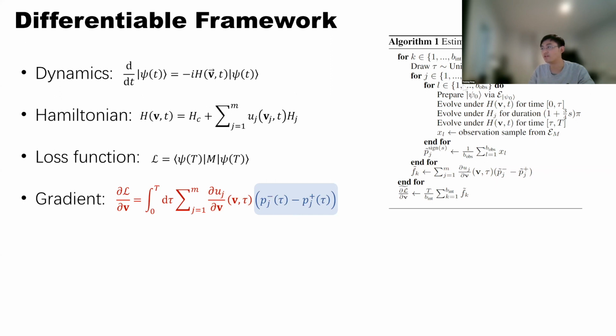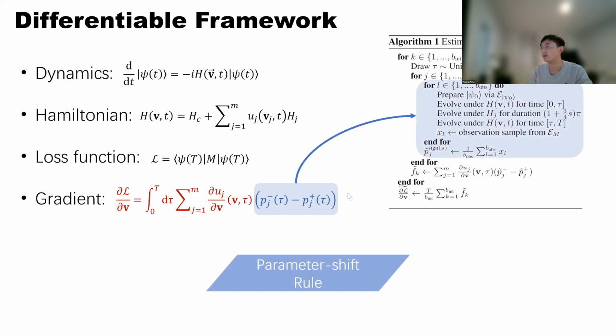We put the algorithm here. For the quantum part, you want to estimate Pj minus Pj plus. You basically use the parameter shift rule here. And you can see that in this submodule, the only difference from evolving the system in the original way is the insertion of evolving under Hj for a specific duration.